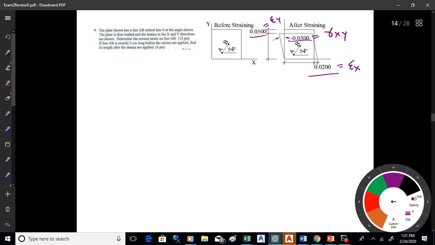Is gamma xy positive or negative? Everyone think about that for a second. Look what's happening to the angle. Yes, the angle's getting bigger, isn't it? So what type of shear is that? That's negative shear, which is a little unfortunate, but that's how it works.